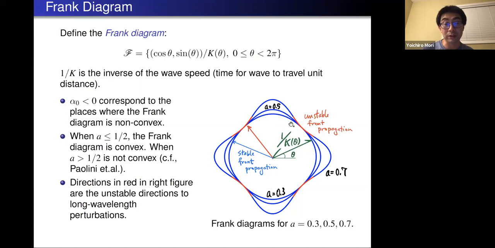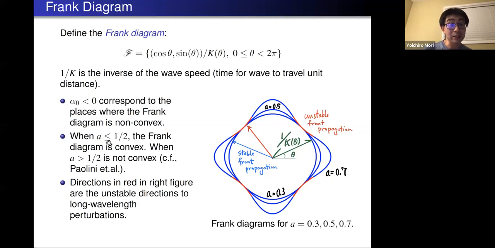It turns out that the directions in which alpha 0 is negative, that is, the directions in which the planar fronts are unstable to long wavelength perturbation, correspond to the directions in which the Frank diagram is non-convex. So these red regions here, when A is equal to 0.7, are the directions in which the Frank diagram is non-convex, and those are the directions in which the planar front is unstable to long wavelength perturbations.